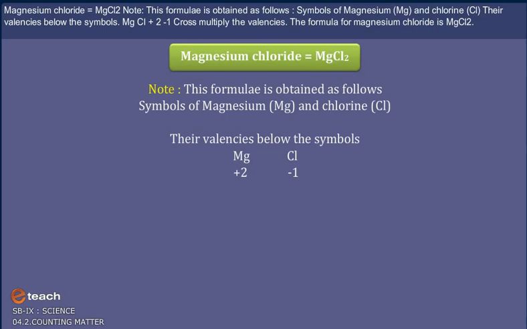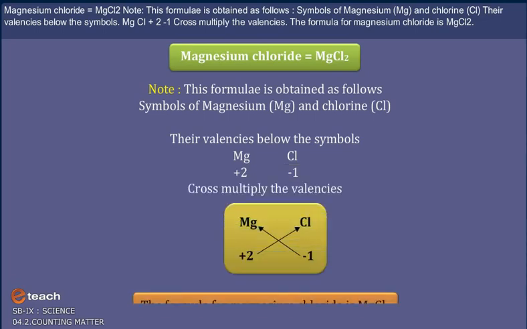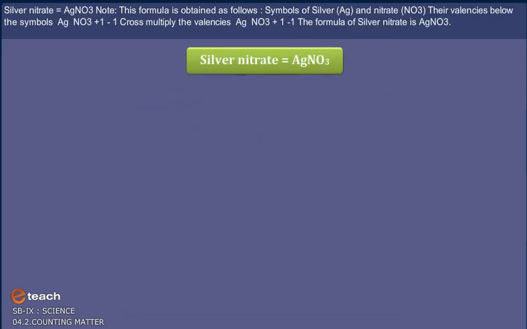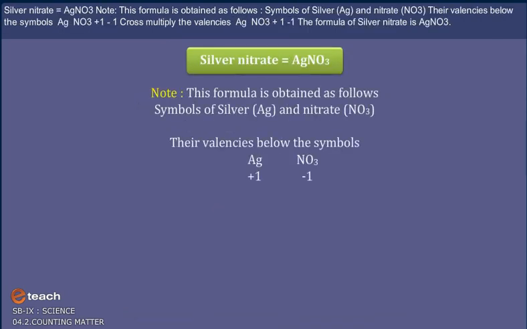The symbol of magnesium is Mg and its valency is +2, and the symbol of chlorine is Cl and its valency is -1. Cross-multiply the valencies. So, the formula for magnesium chloride is MgCl2.